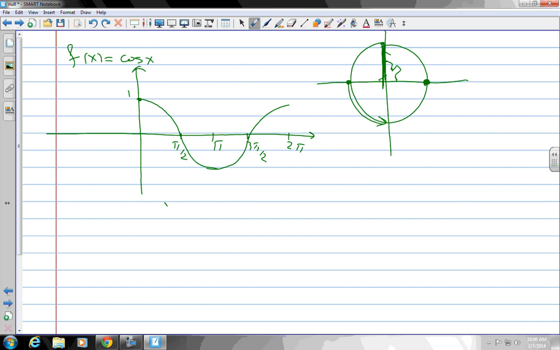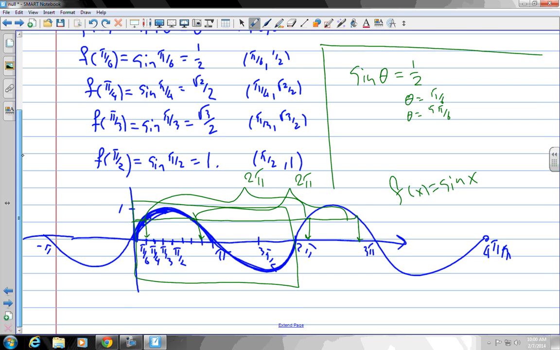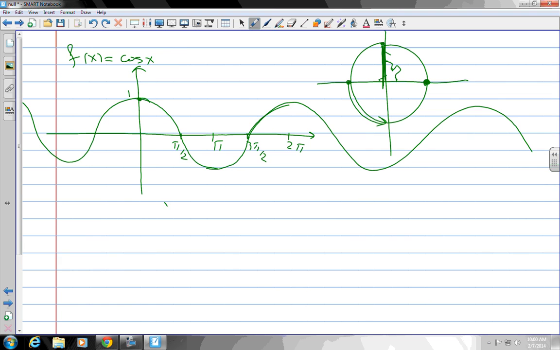Right? So it will do this. So there is definitely a similarity between a sine curve and a cosine curve.